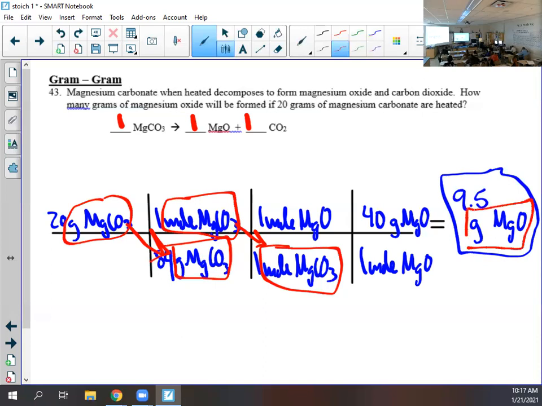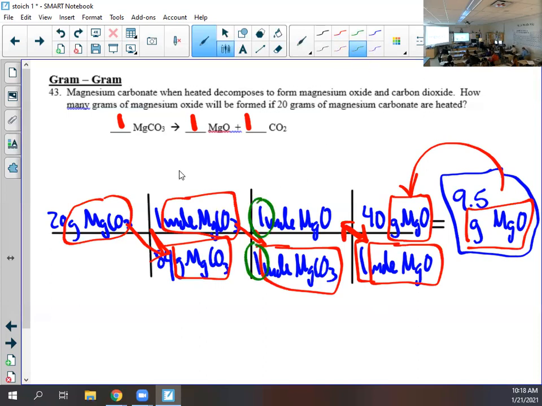The unit of the answer was grams of MgO, which meant the unit at the end was grams of MgO. They were 40. That's just 24 plus 16. Grams are always tied per 1 mole. I don't know why they didn't include the 1, but whatever. And then these had to match. Now remember, these are only 1 and 1 in this problem because it was a 1, 1, and 1. Usually these are different numbers.